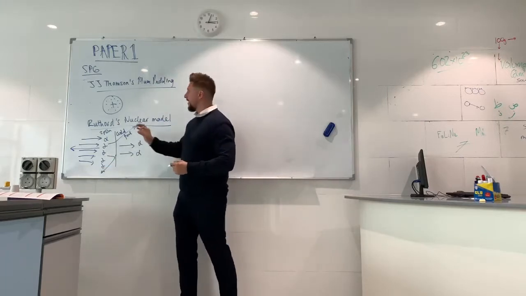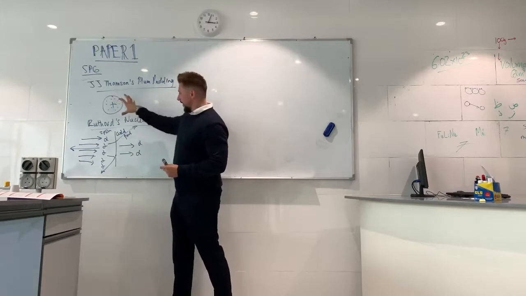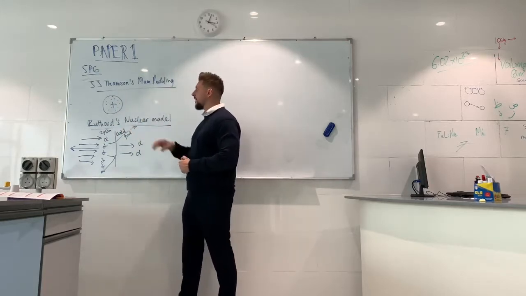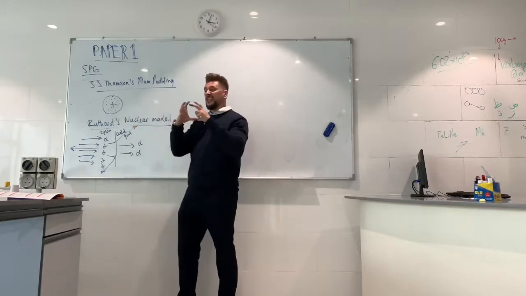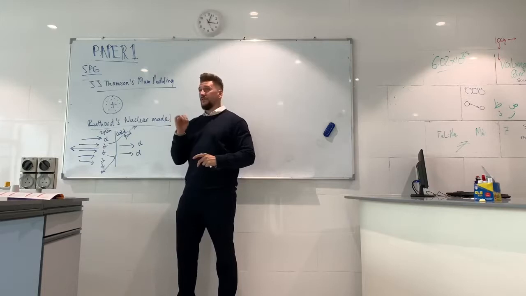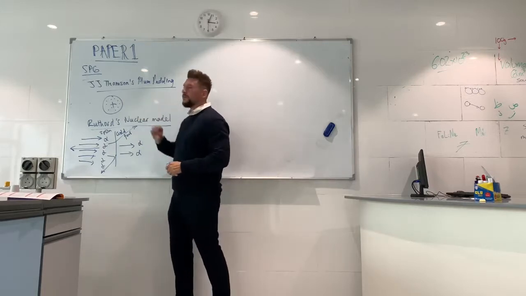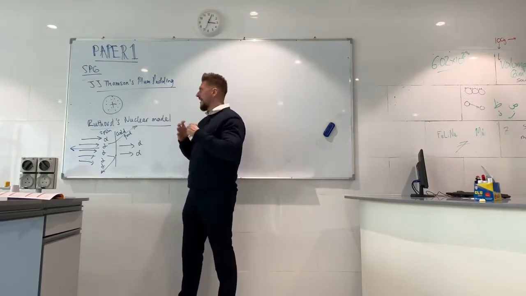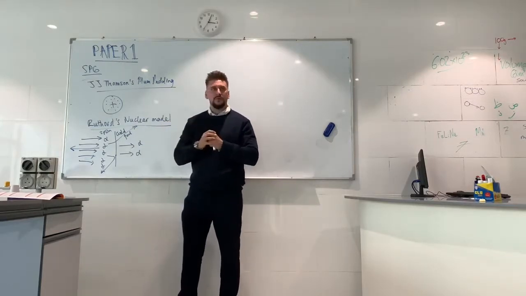The only way that this atom can reflect the alpha particles directly back is if the positive charge that is apparently everywhere in the atom is actually concentrated in a very, very small spot. Otherwise, it should pass through because it's not strong enough. It's distributed, it's weak at a single point. If it's bouncing them back, it must be concentrated.